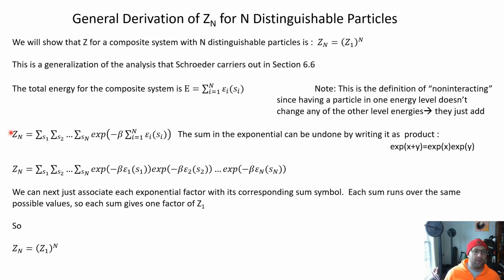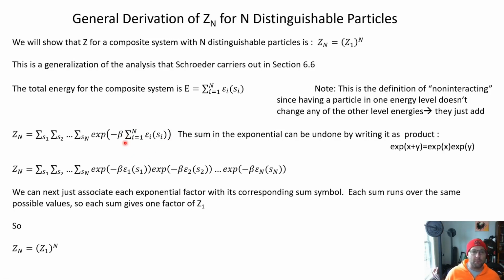So the composite partition function for the n particle system means we have to sum over all the possible states. So we have to sum over all the possible states for particle 1, right? s sub 1 means particle 1 occupying possible states s sub 1. Particle 2 occupying possible states s sub 2. Sum over all the possibilities the Boltzmann factor of this total energy for the composite system.